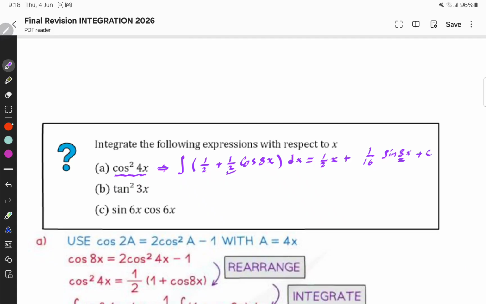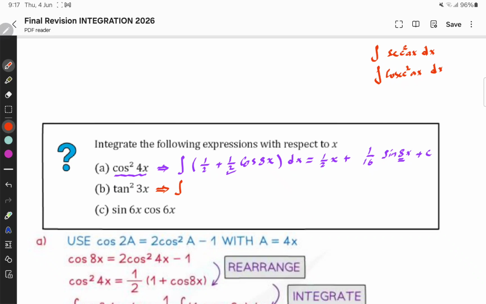Okay, Mr., what happens if I get tan squared? We don't have a rule for tan squared. In the standard rules, I have the integral of sec squared ax with respect to x and the integral of cosec squared ax with respect to x. Only those two rules are given for squares.